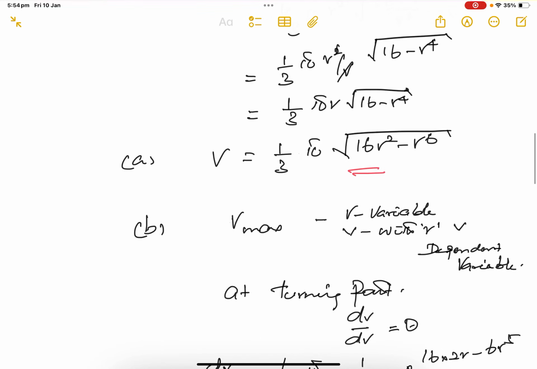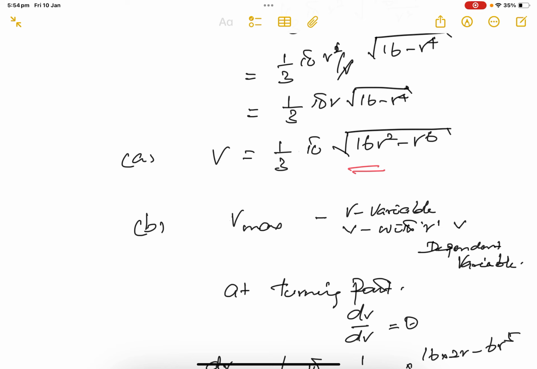V in the form of r. You can see V is a variable and r is a variable. V with r will be a dependent variable. So in other words, when r changes, V changes. Right, V maximum. So they're talking about maximum, minimum.